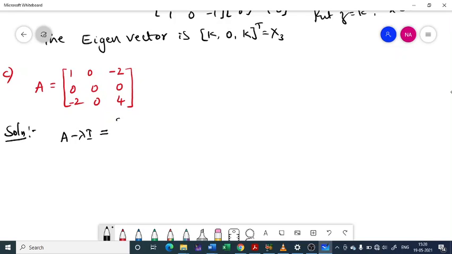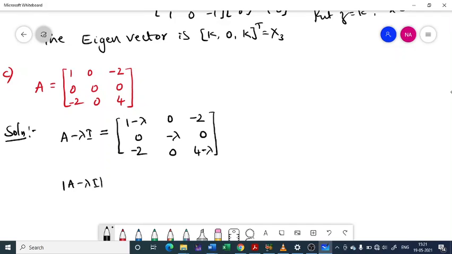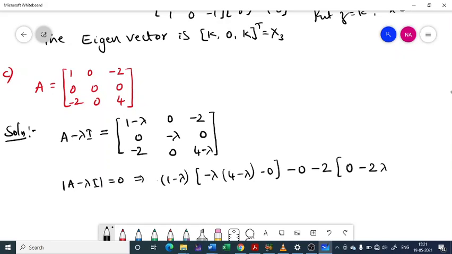So A minus lambda I is 1 minus lambda 0 minus 2, 0 minus lambda 0, minus 2 0 4 minus lambda. So determinant of A minus lambda I equal to 0 implies (1 minus lambda) times (minus lambda)(4 minus lambda) minus 0, again minus 0, minus 2 times (0 minus 2 lambda).